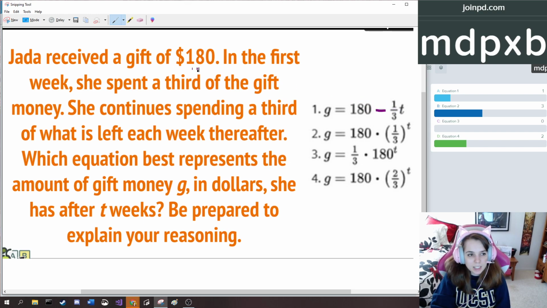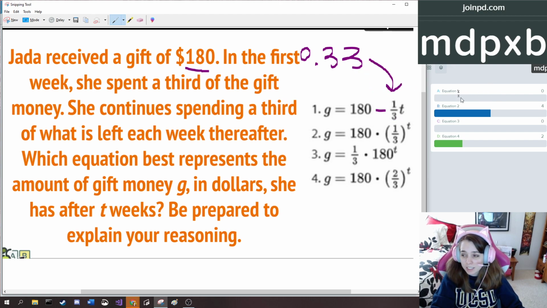This would be saying if you started with $180 you would subtract 1/3, which is about 33 cents each week. So the first equation says I'm losing 33 cents each week.